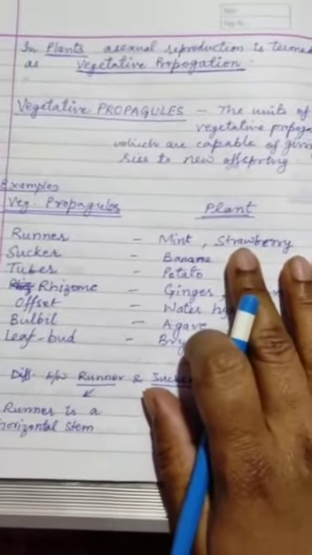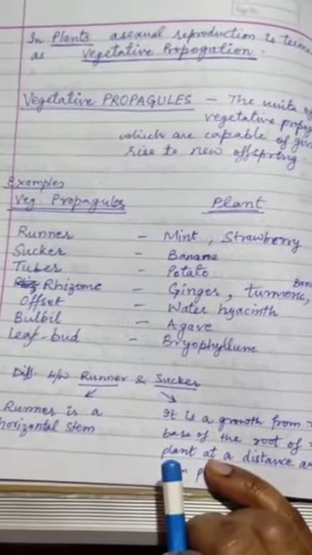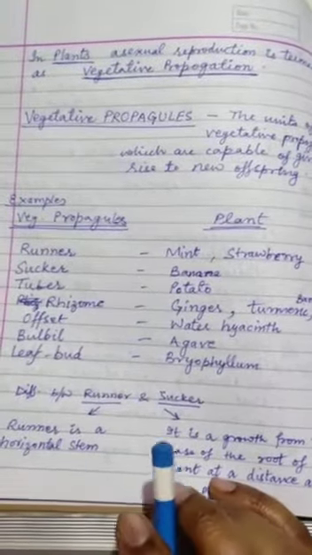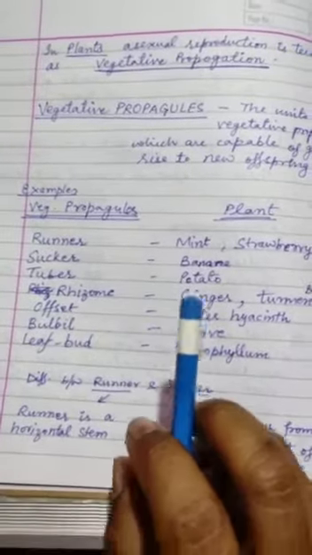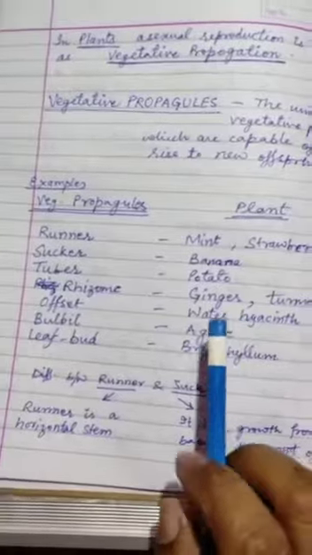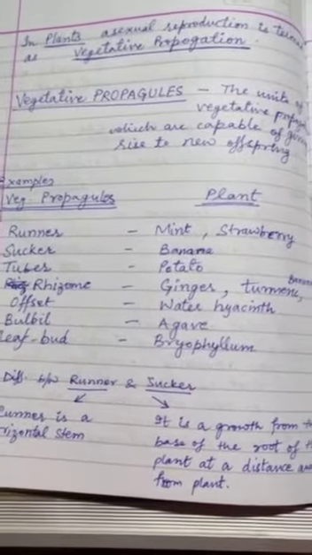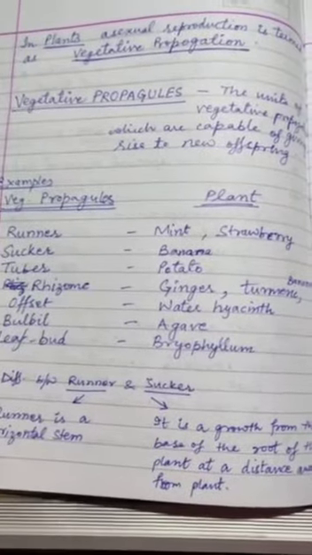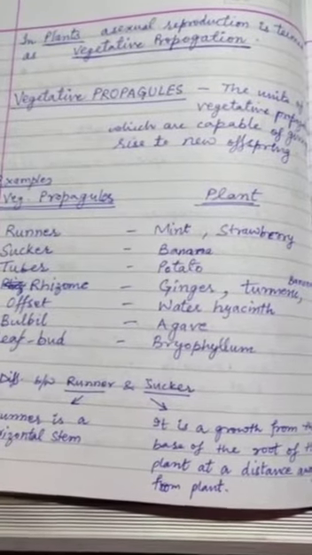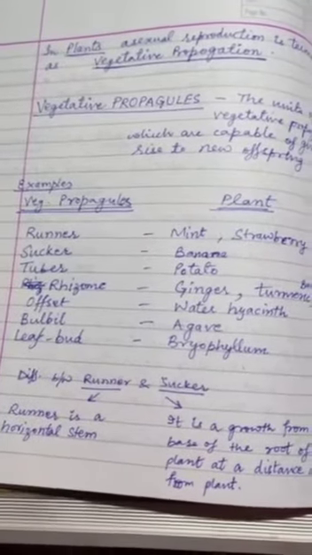In plants, asexual reproduction is known as vegetative propagation. Reproduction from stem or leaf. The main reproductive organ of plant is flower, but when flower is used as reproduction, it is sexual reproduction. Here we are talking about vegetative propagation.